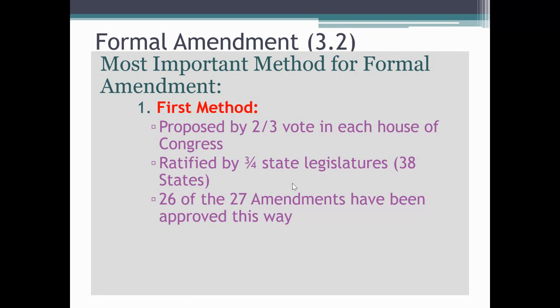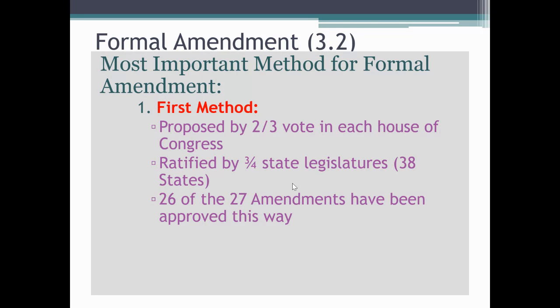However, it is difficult because it can be a really long process, since it is such an important document. Since it is what guides us in everyday government, it has to be a really, really important issue that has a lot of support. We only have 27 amendments, and 26 of them used this method.